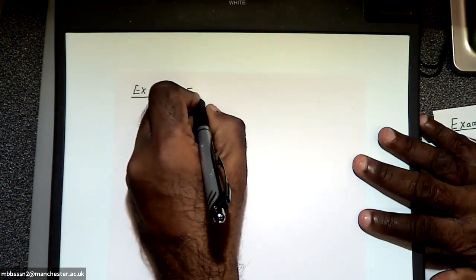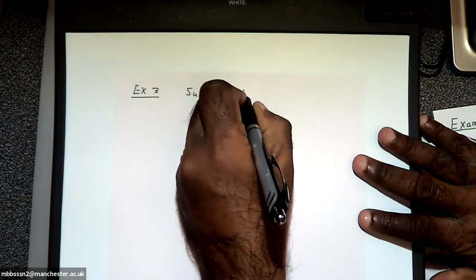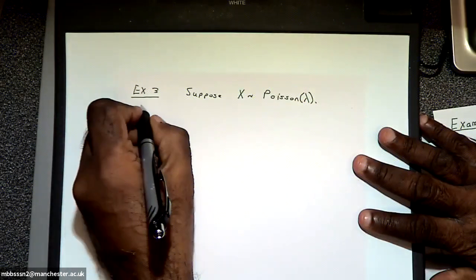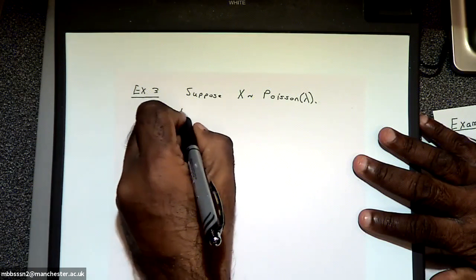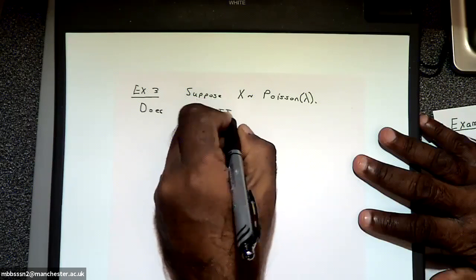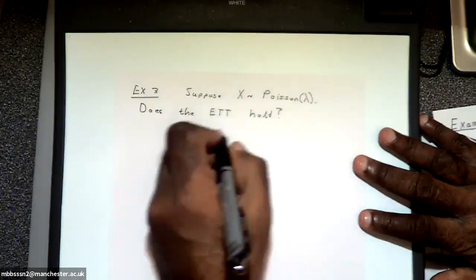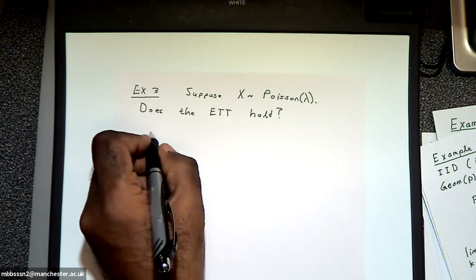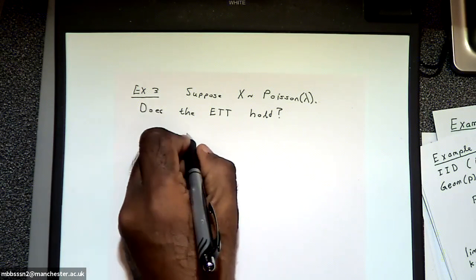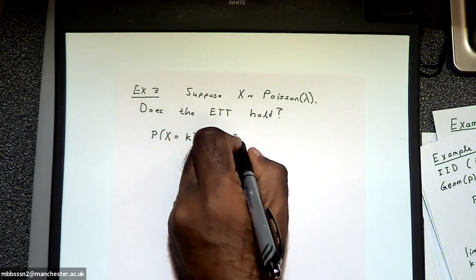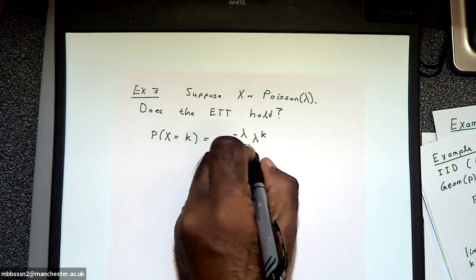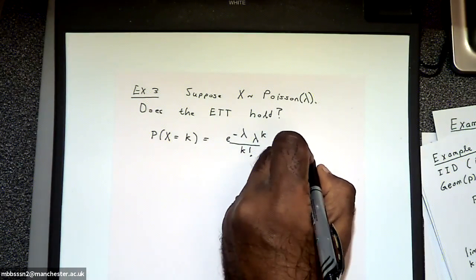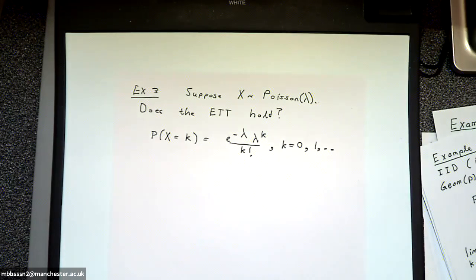Example 3. Suppose, right now, I'm sure all of you know the Poisson random variable, and you will know the probability that x equal to k is this.